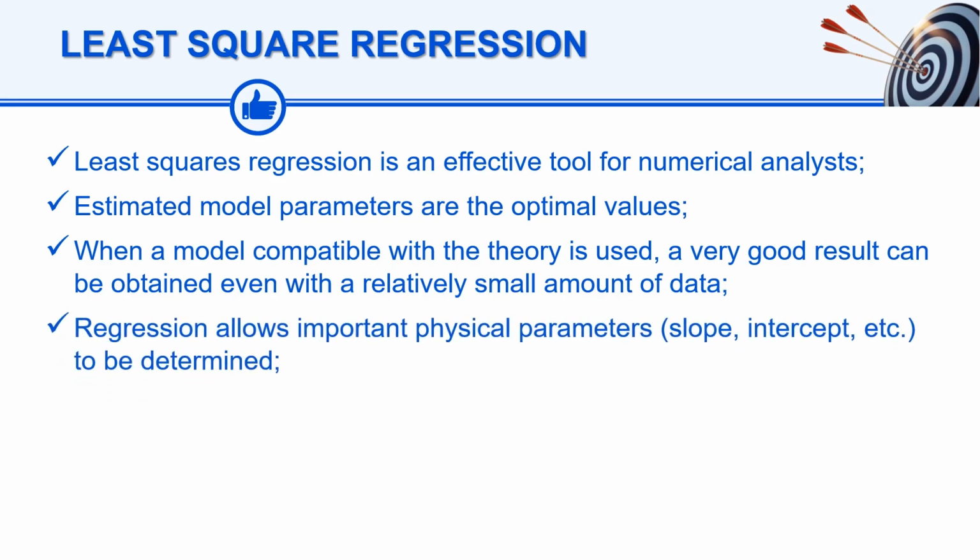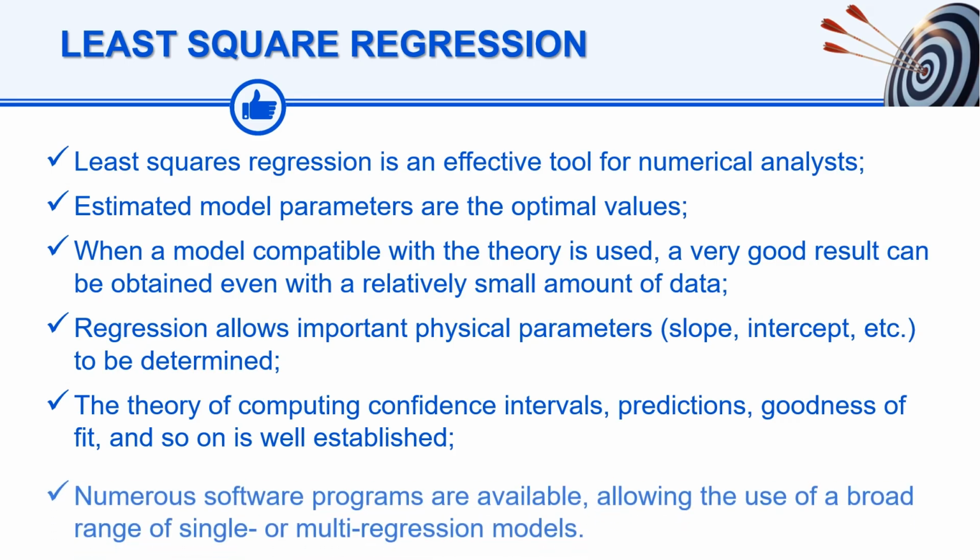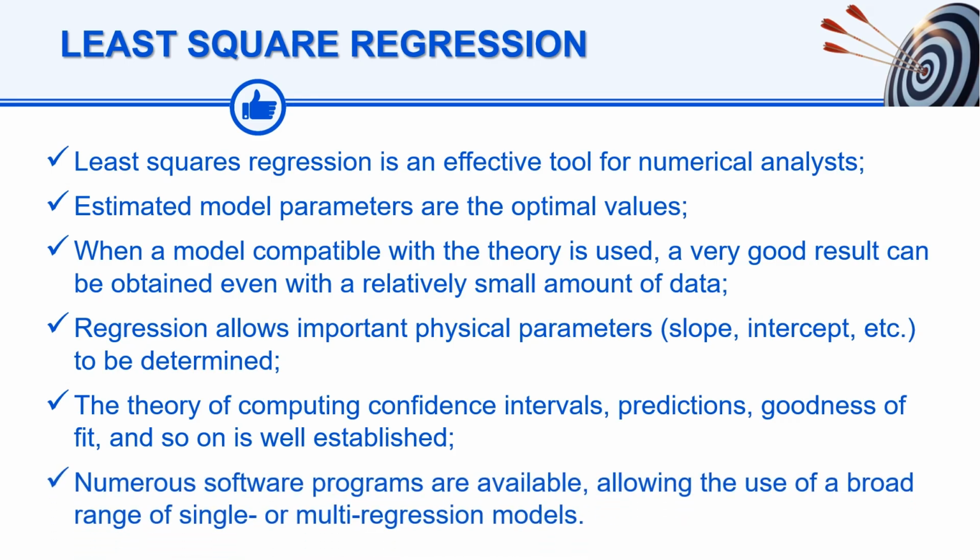Regression allows important physical parameters, slope, intercept, etc., to be determined. The theory of computing confidence intervals, predictions, goodness of fit, and so on is well established. Numerous software programs are available, allowing the use of a broad range of single or multi-regression models.